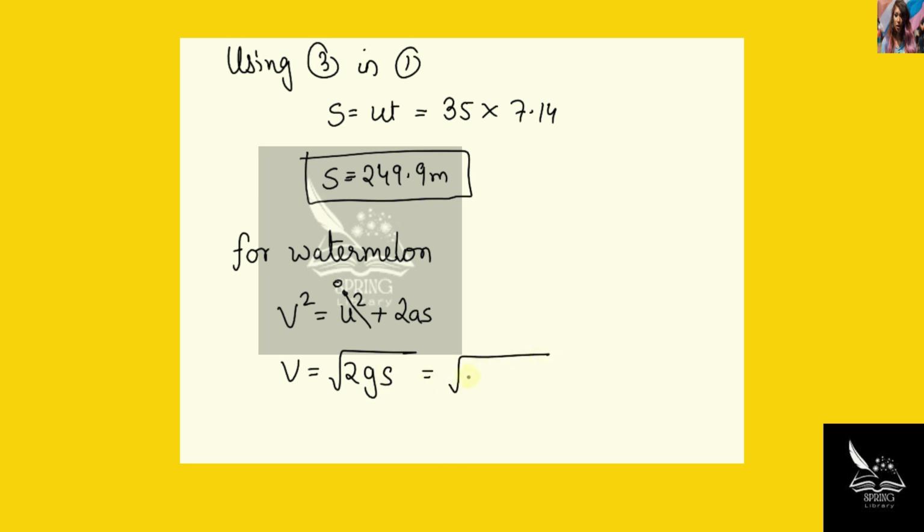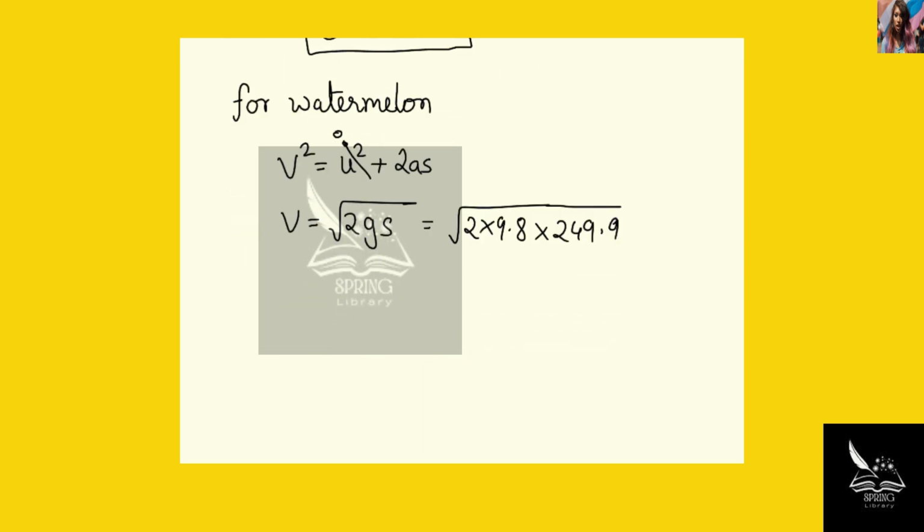This will be the square root of 2 into 9.8 into 249.9. If we plug in the values, we get v as equal to 69.98 meters per second. So we can approximate it to 70 meters per second.